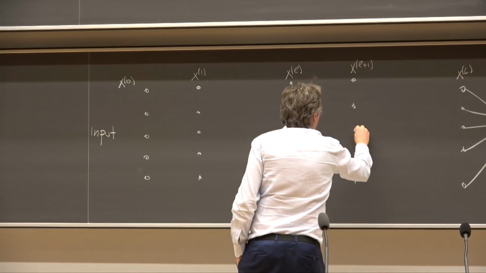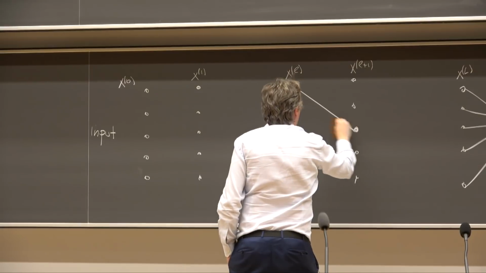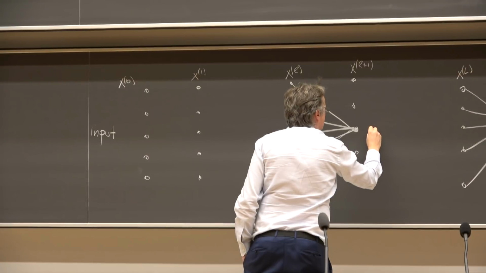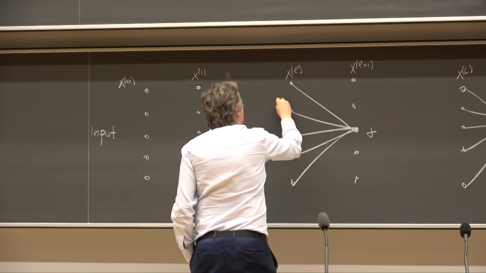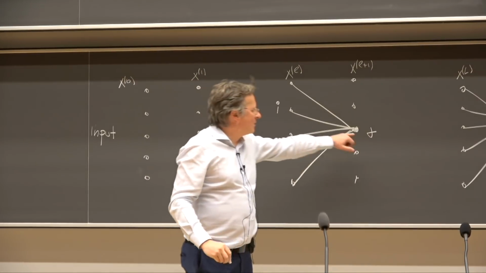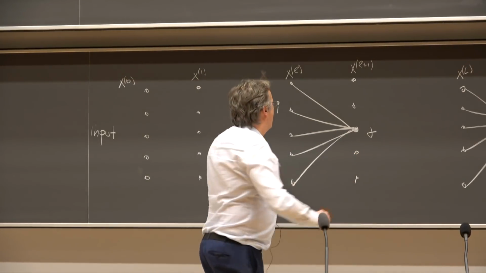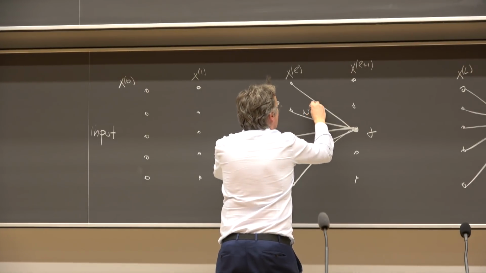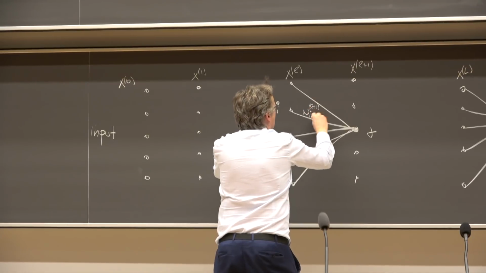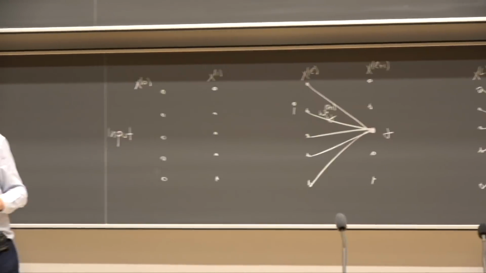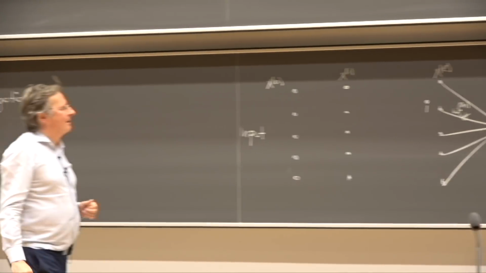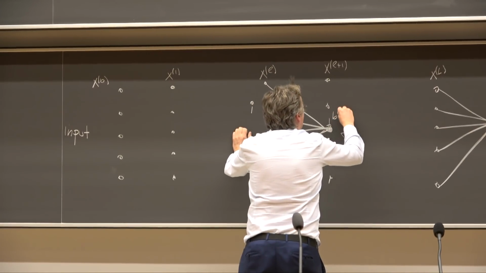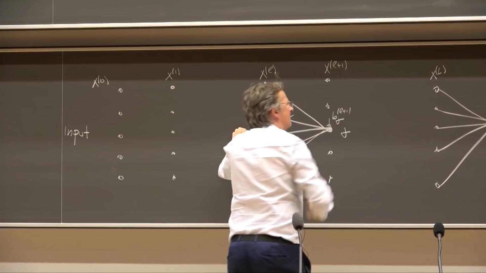Since I have a fully connected network, for every node here, let's assume this is the node j, I have from any node i at layer l a connection to a node at layer l plus 1, and there's a weight here. The weight is W, l plus 1, and this goes from i to j. Remember that's how it went. And then of course, I have here still a bias term, b l plus 1 j.